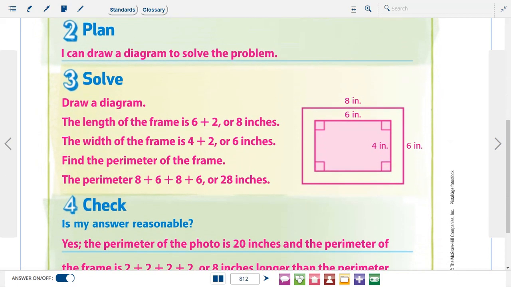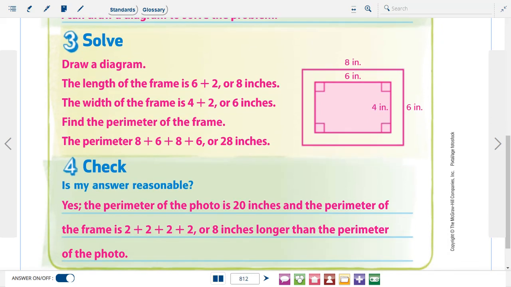We draw the photo first, which is 6 by 4. Then we draw the frame around it, 2 inches out. So it is 8 by 6. To count the perimeter, we add 8 plus 6 plus 8 plus 6, which equals 26 inches.